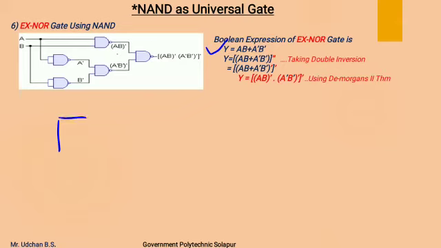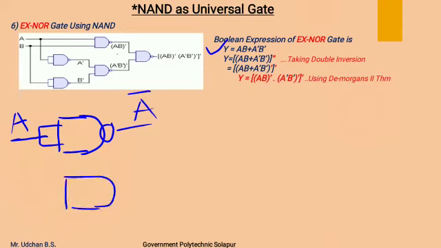Using one NAND gate, I can get A complement by connecting a common input A to its inputs. Using another NAND gate, I can get B complement by connecting the B input. Now I have A and its complement, B and its complement.